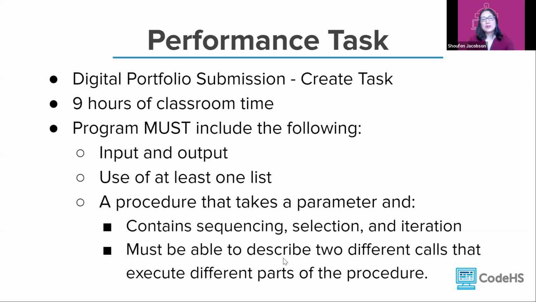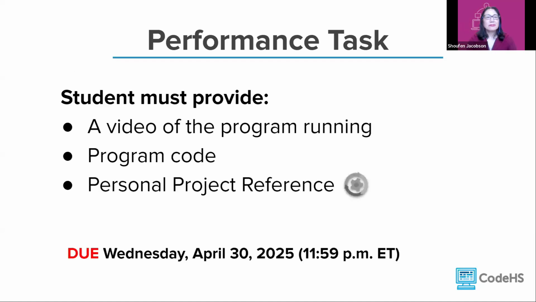And then they must be able to describe 2 different calls. The value you provide to the procedure in place of the parameter is called the argument. The kids have to know the difference between parameter and argument. And then it should execute 2 different paths. That's selection, right?